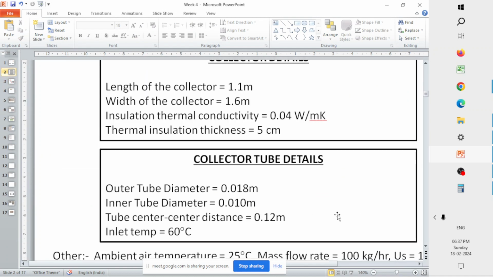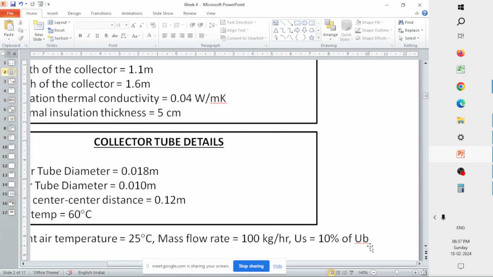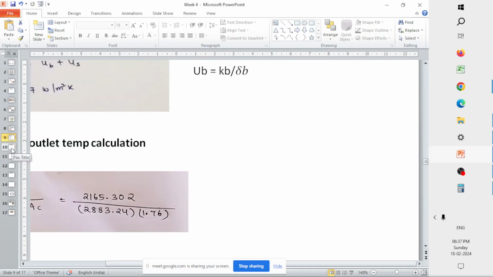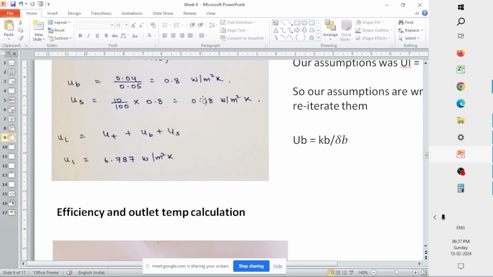As I said previously, the value of US is only 10% of UB. So 10% of UB will be 10% of 0.8. The heat loss coefficient through the side is only 10% of the heat loss coefficient through the bottom side. So 10% of 0.8 is 0.08.